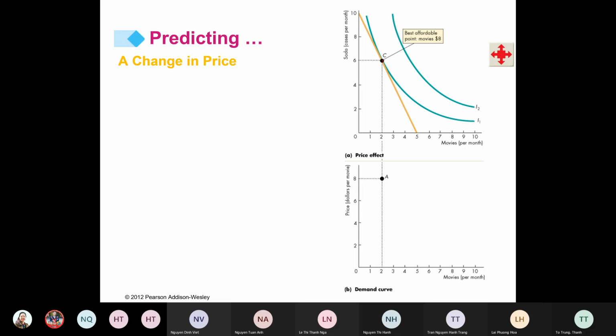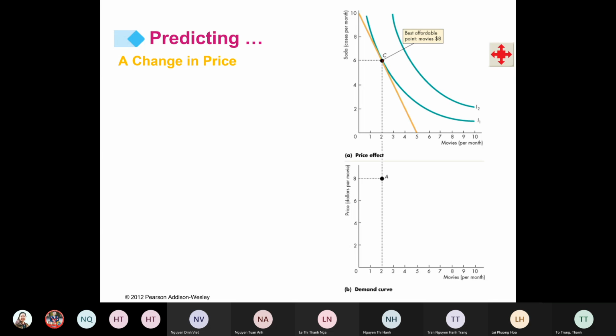And at point C, supposing that the price of movies is $8, Lisa will buy 2 movies and 6 sodas. In the following figure, I want to draw the demand curve for movies. So the horizontal axis is the number of movies. This is exactly the same as the horizontal axis in the previous figure.